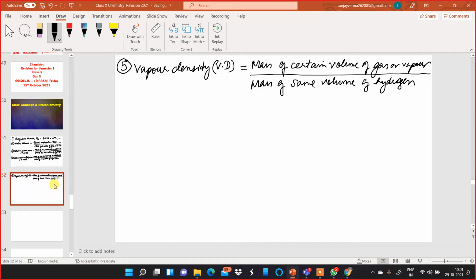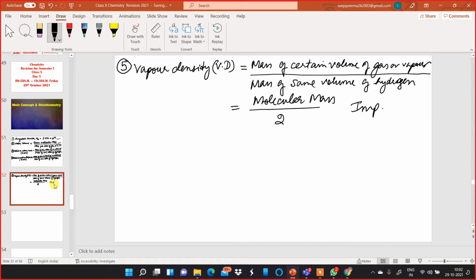This formula can be shortened. The mass of a certain volume of gas or vapor is called its respective molecular mass, divided by 2. So this is an important formula.